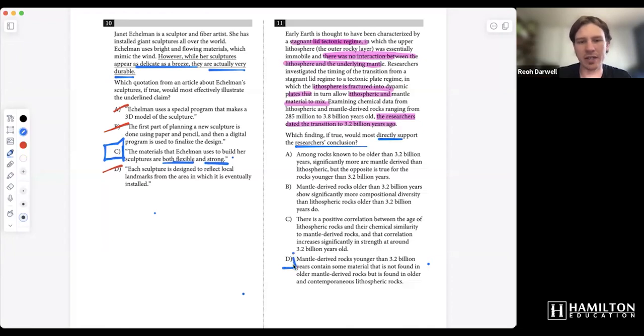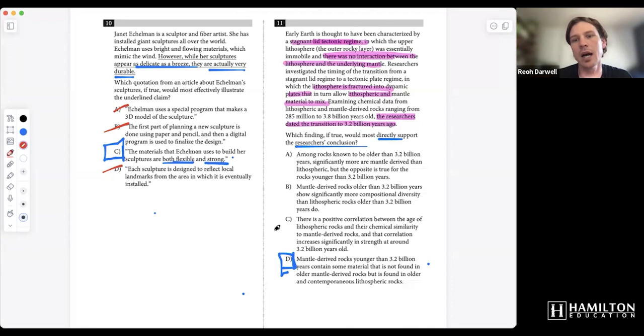D says specifically that at 3.2 billion years ago, we start seeing mixed mantle and lithospheric rock material. But before 3.2 billion years ago, older than 3.2 billion years ago, we see no mixing of the lithosphere and mantle. So that's exactly what we wanted, and that's what D says.